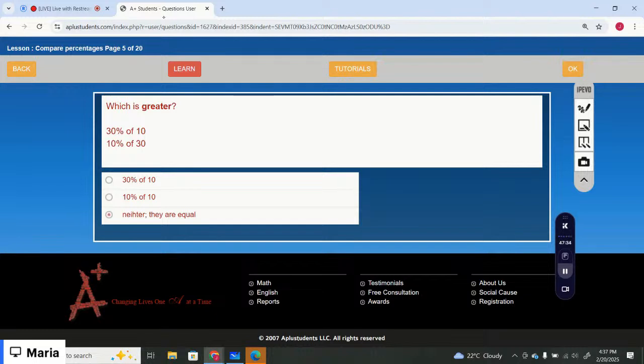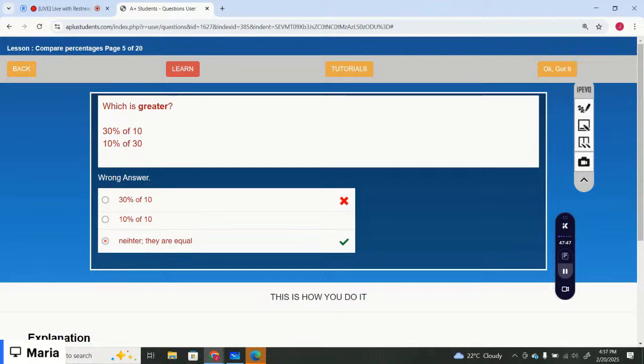Neither, they are exactly equal. 30% of 10 is 3 and 10% of 30 is 3. So yes, they are equal. If you see 10% of 30 or 30% of 10, they are exactly equal.